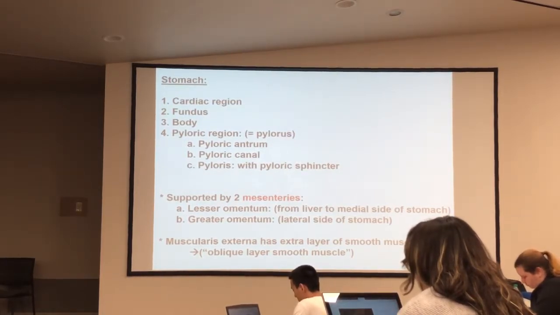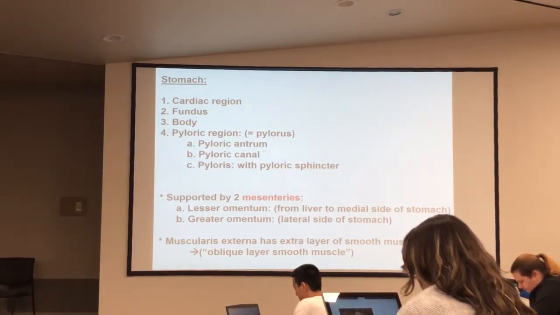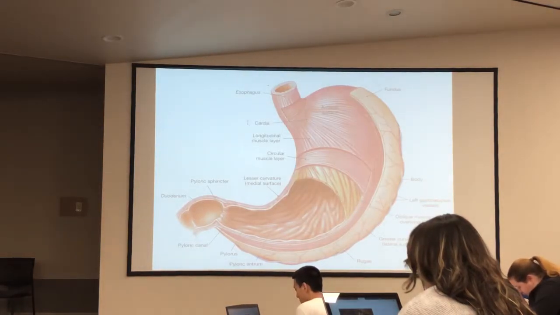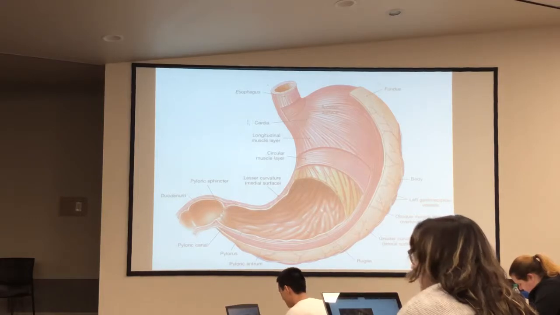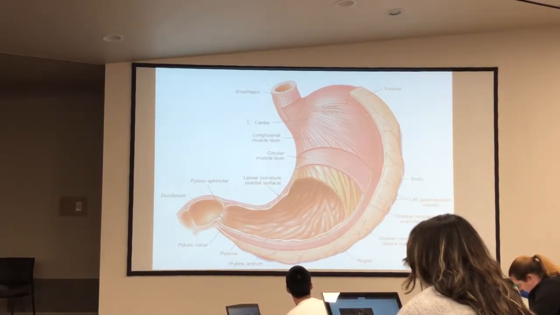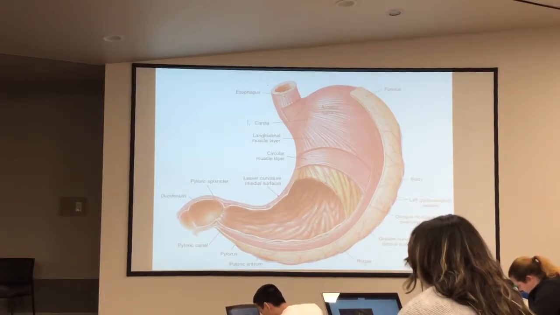The pyloric region has the entrance and the canal, and the borderline is not very clear. It ends with a sphincter called the pyloric sphincter. Let's take a look at this. All right. The inner folding we don't call plicae, not this one. We call it rugae, R-U-G-A-E. Okay, a little bit of folding.